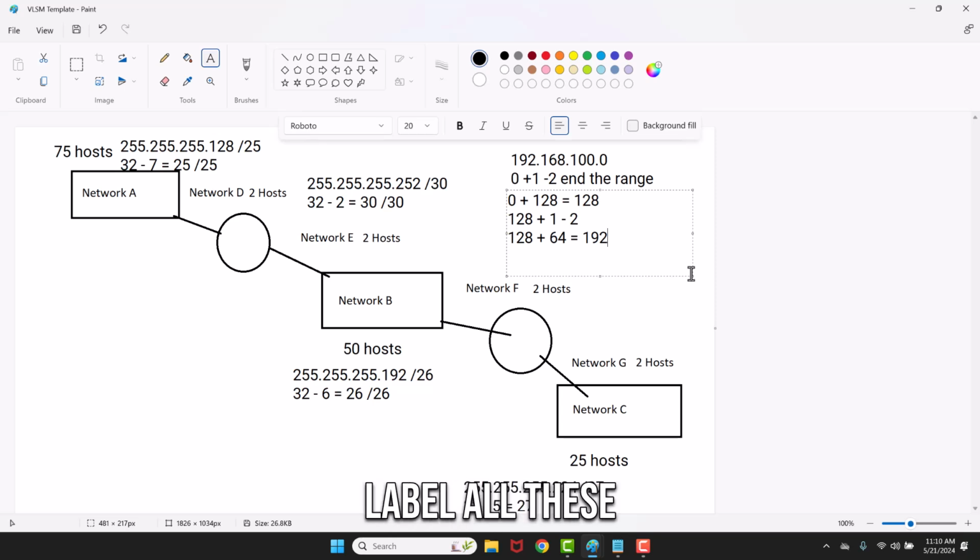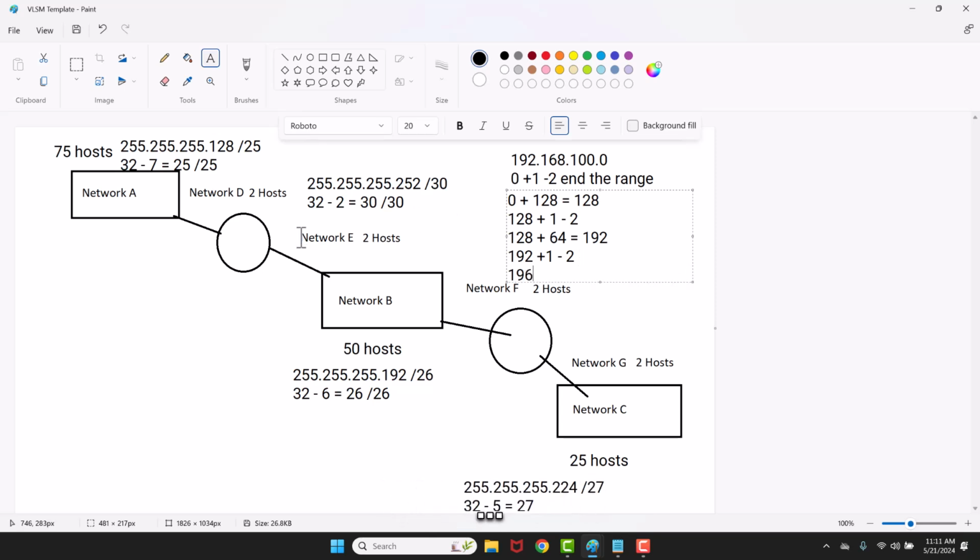Now I'm going to label all these in just a moment. So network C is going to start at 192 plus 1, subtract 2, because we're in a class C, but now I need to label D, E, F, and G. And what are those? That is incrementing up by 4. And I will show you that again in just a moment.